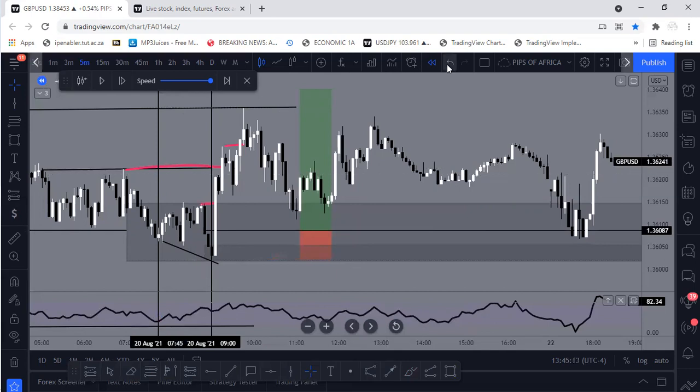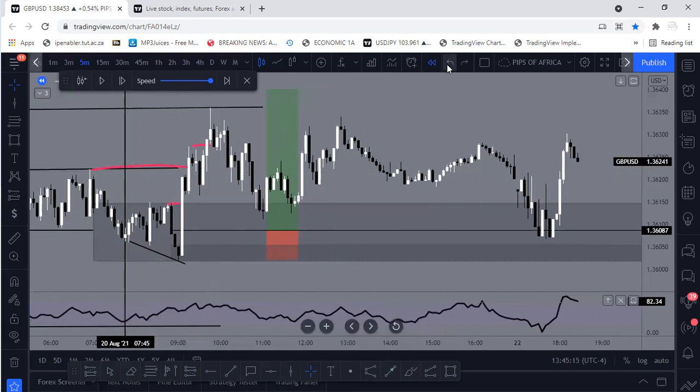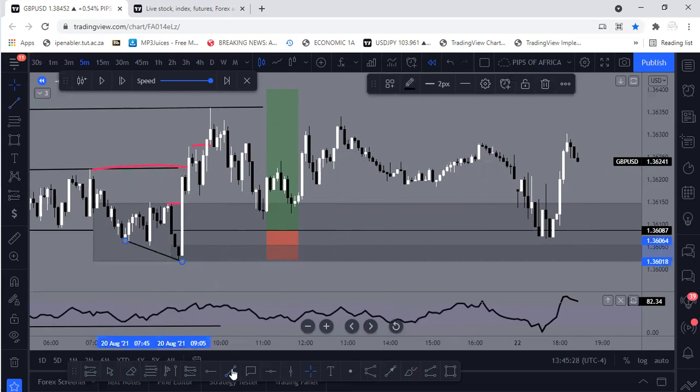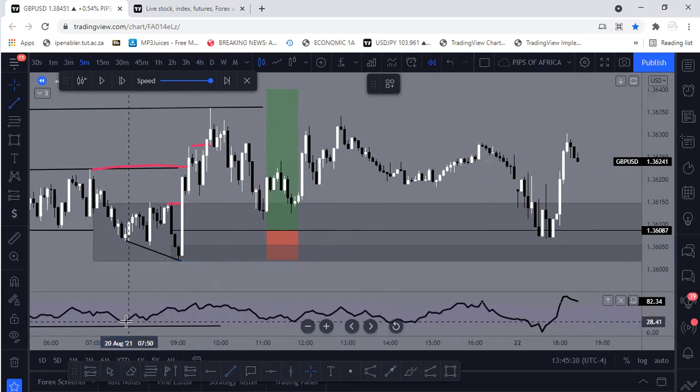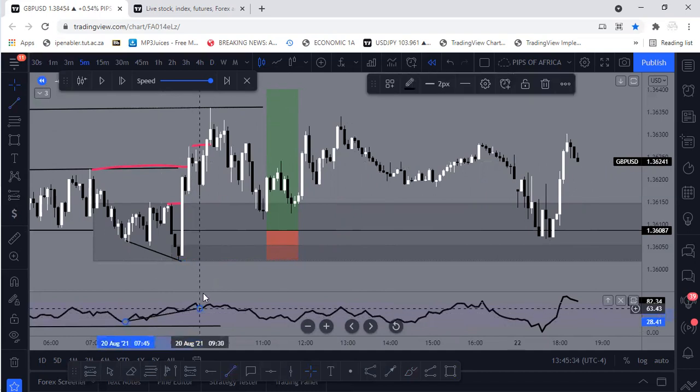All right, I want to make it clean now. The price was falling from this low to here, but the RSI was pointing up. From this low, the RSI was pointing up like this.